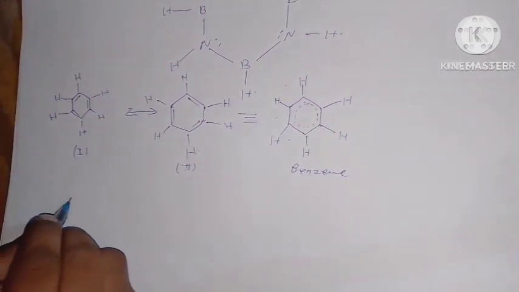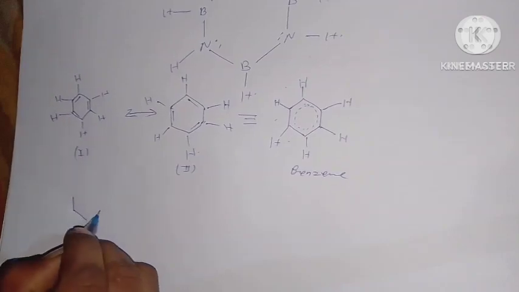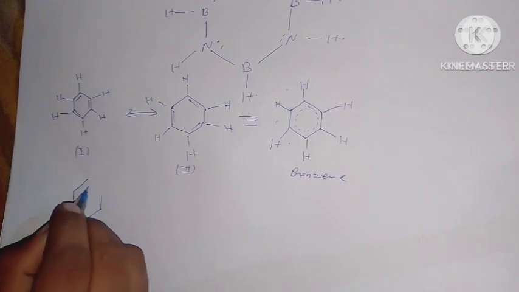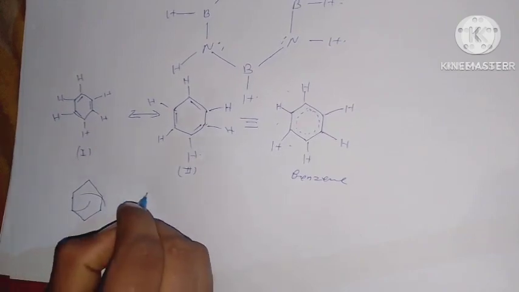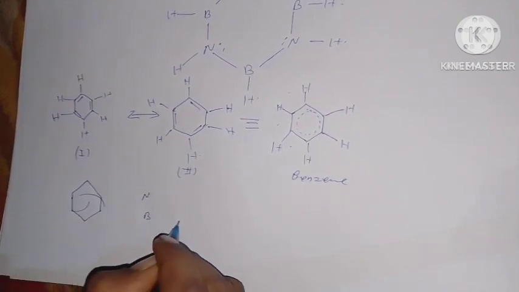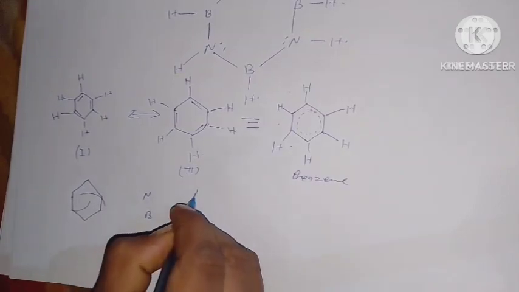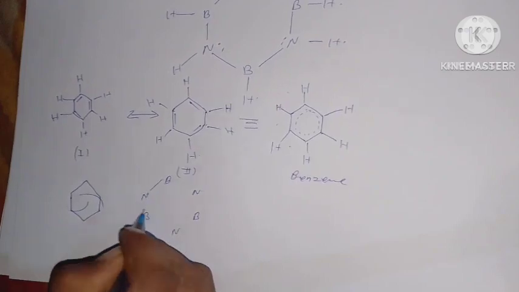And now 1, 2, 3, 4, 5, 6. Okay? That's why nitrogen, boron, nitrogen, boron, nitrogen, boron. Okay?